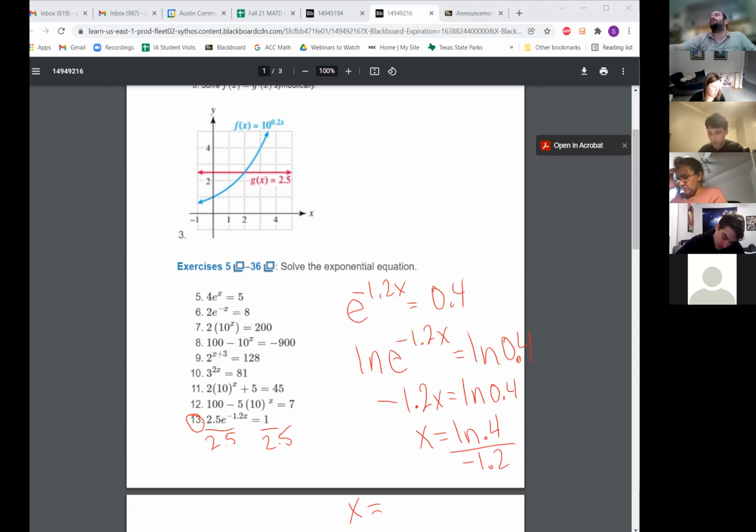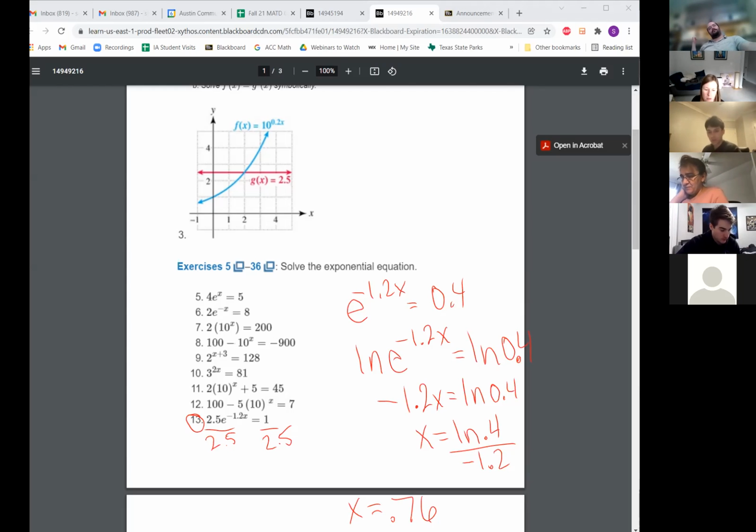Okay. It doesn't really specify in the directions, so I would just know how to do both, just in case either is asked on the test. If the directions tell you just to give an exact answer, then we would be done. If the directions told us to do decimals, then we would get 0.76. It just depends on what the directions ask. Okay, 0.76.